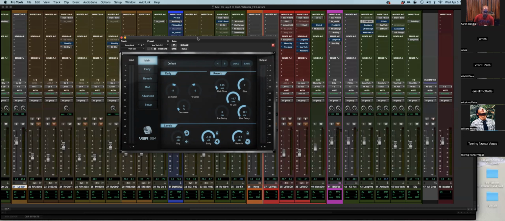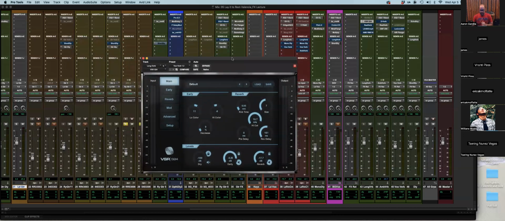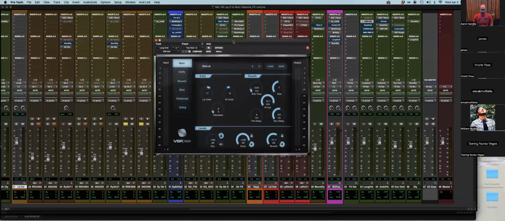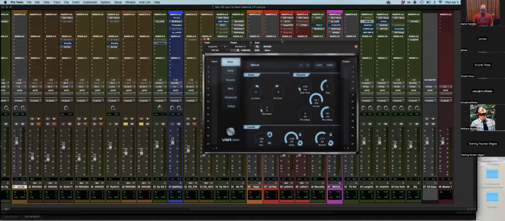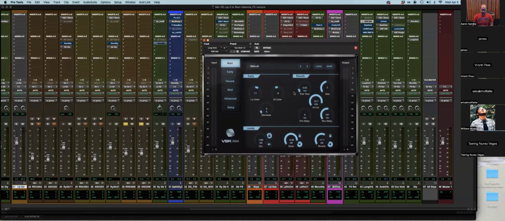Okay, good. So let's use this reverb to continue the experiment and continue the explanation. This is a Relabs VSR S24. This is basically a clone of a TC 6000 System 6000 reverb. One of the best reverbs out there.